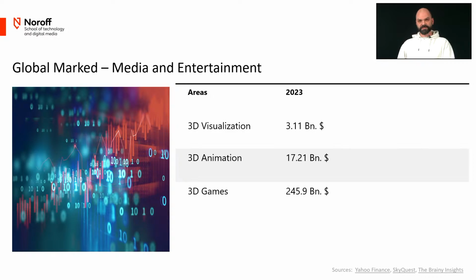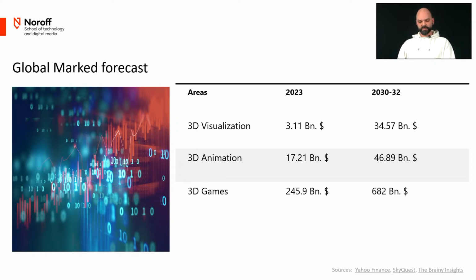That's our current state of the global market, and if you look a decade onwards, there is still a healthy market, and it's growing, especially in the visualization part, which is going from 3 to 34 billion US dollars in projected growth.